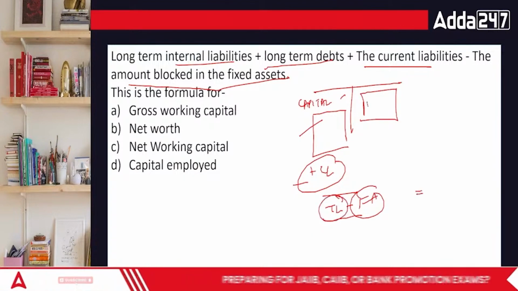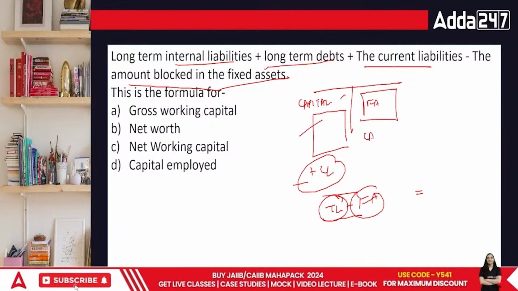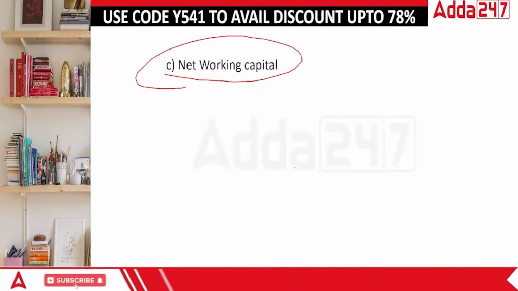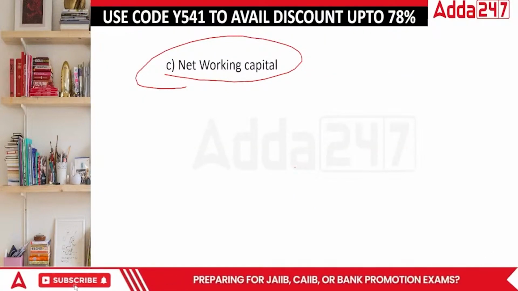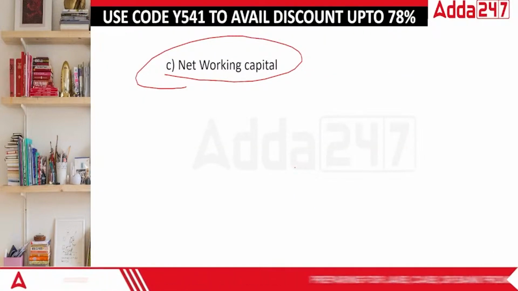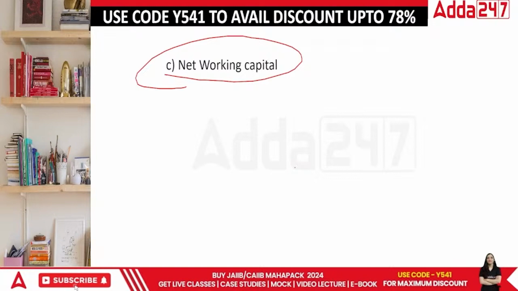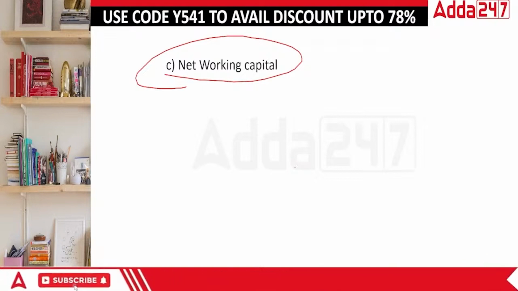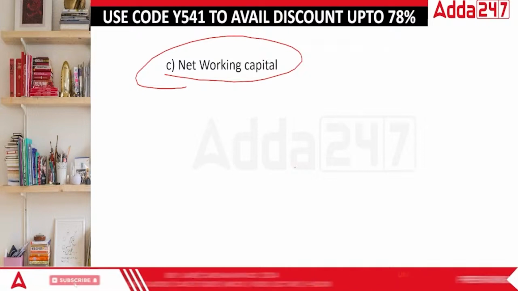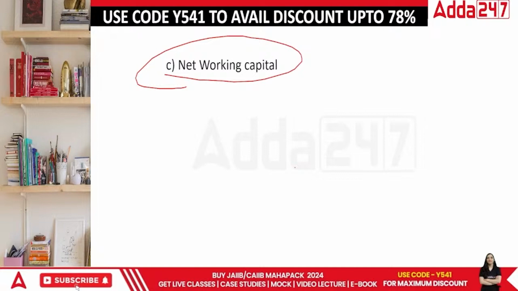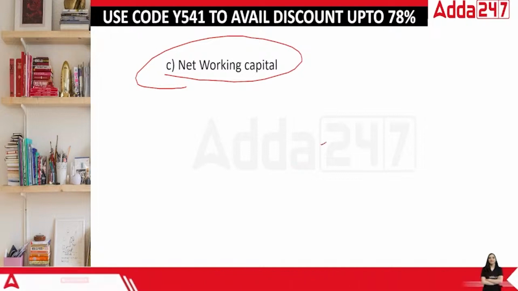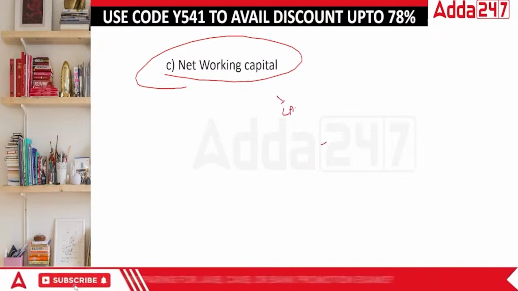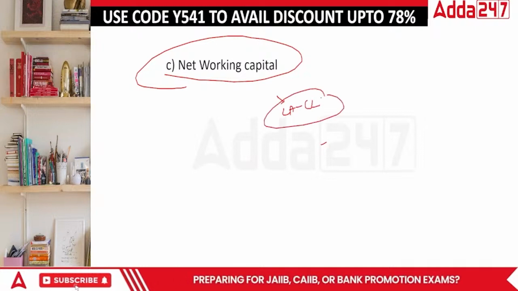Technically, fixed assets are here and current are here. So technically what you're doing is CA minus CL. That is why they say this is net working capital. Okay, that's the formula. Everybody all sorted? So let's move on. Net working capital formula is actually current assets minus current liabilities.